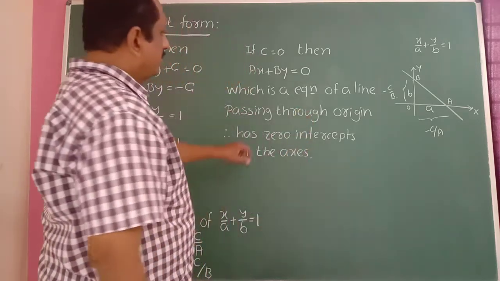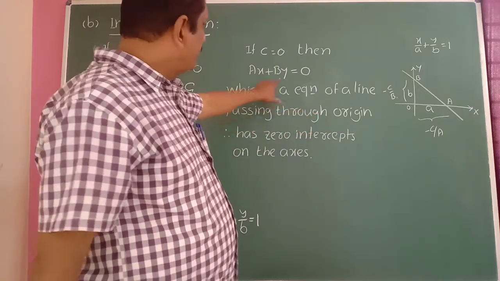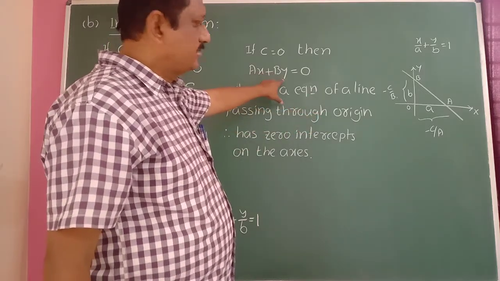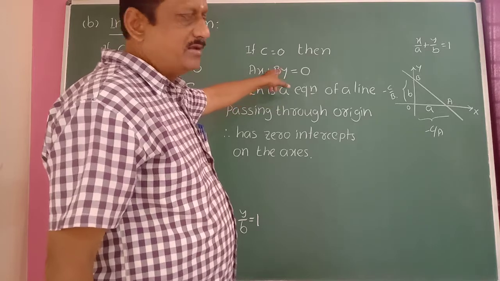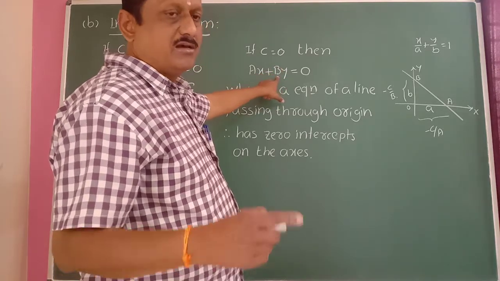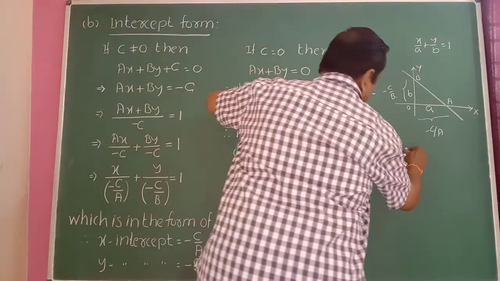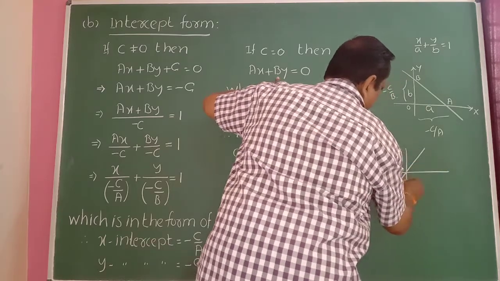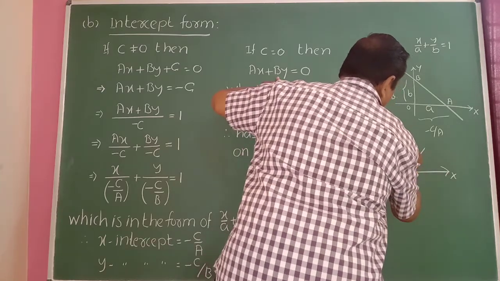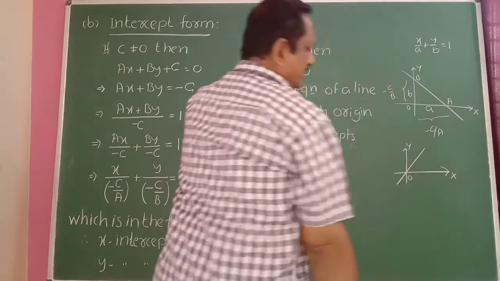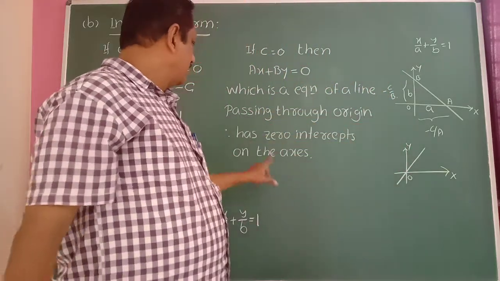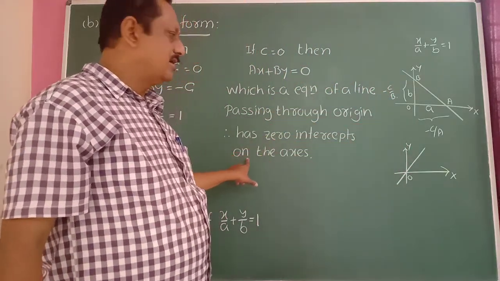Because origin means 0, 0. So put x equal to 0, y is equal to 0, the equation is satisfied. Therefore, such a type of equation always passes through origin. Okay, this is the x axis, y axis, and it is the origin. Therefore, it has 0 intercepts on the axis.